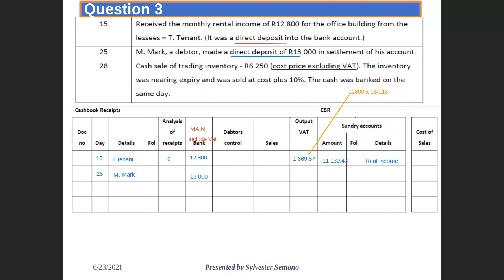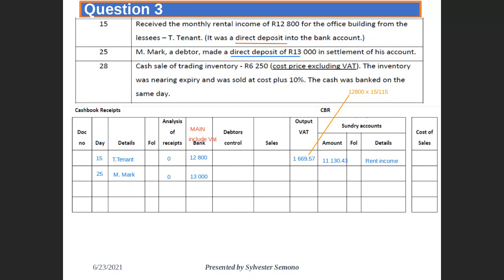So it means, because you said I must go there, I'm going to put 0 here. I think everyone understands why I am putting 0. If you don't understand, please ask, and I'll explain to you again. So from here, which other columns must we go and record? Debtors, VAT, also debtors.